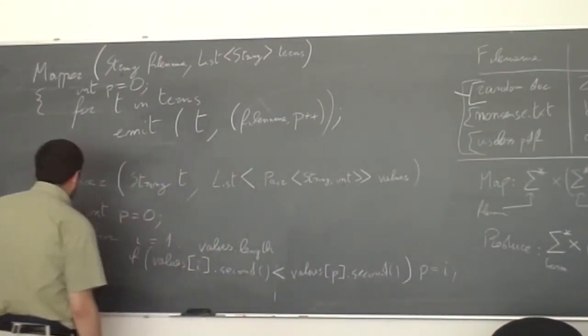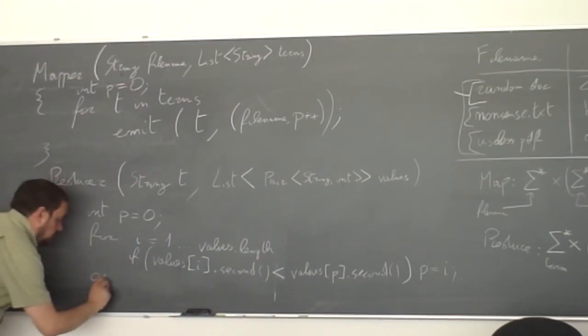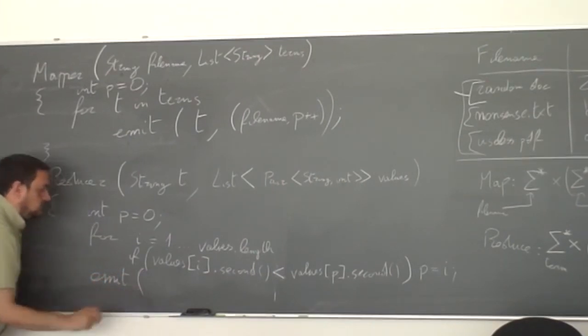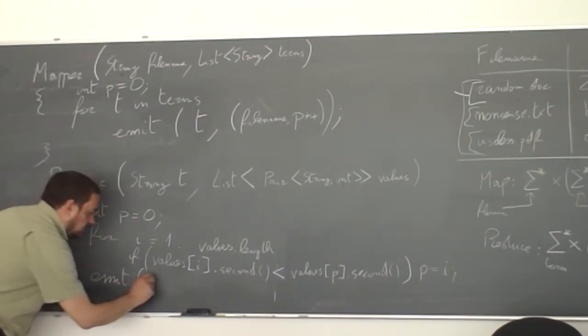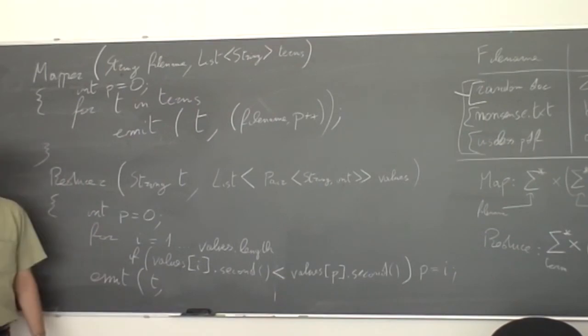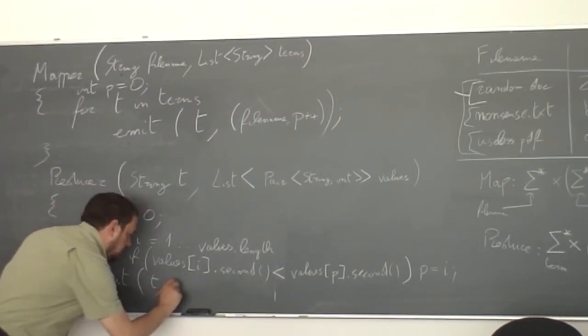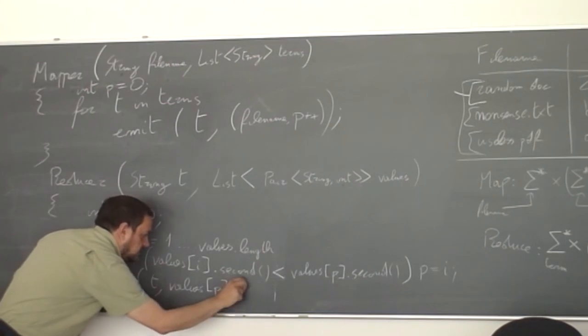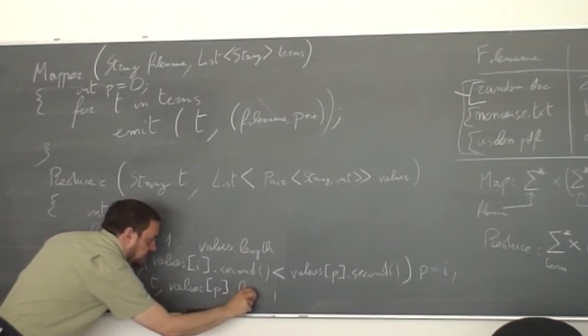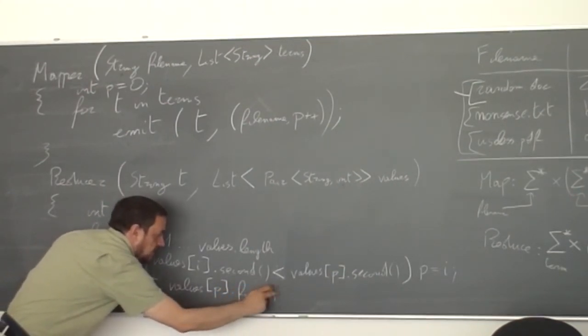And finally, we need to emit, corresponding to the term T, values of P, the first member in the pair.